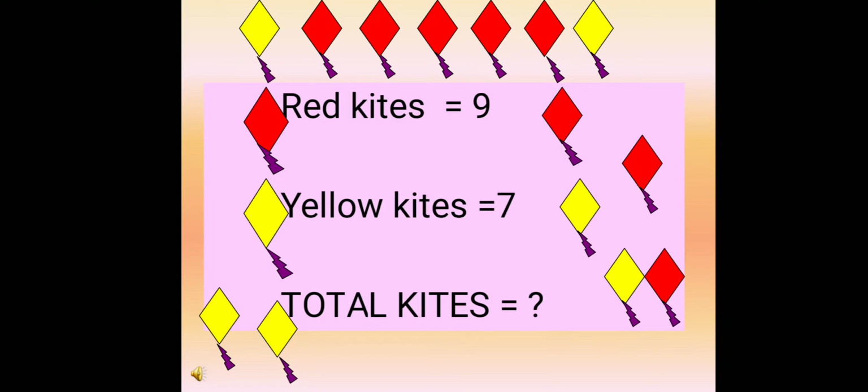If you counted 9 red kites and 7 yellow kites, then your answer will be correct. Now to find out the total number of kites, we have to add 9 and 7. So the total kites will be 16. Yes, your answer is correct.